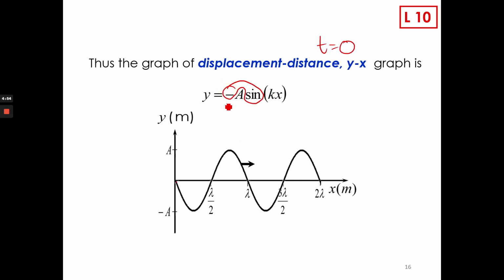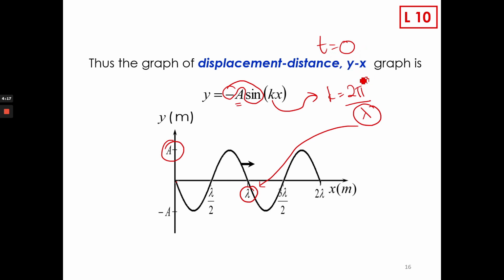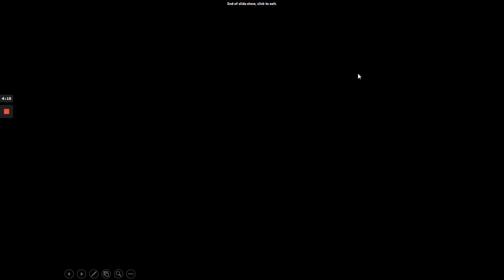This value gives you the amplitude. And based on what we discussed just now, k equals 2π over lambda. So from the value of k, you can determine the wavelength. This is the wavelength, one complete cycle or one complete oscillation. When t equals 0, you can plot a graph of y against x.